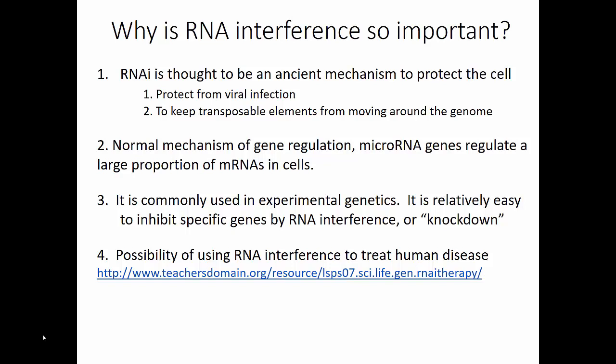And so microRNA genes regulate a lot of different messenger RNAs that are normally produced in cells. This mechanism has also been really important in experimental genetics, and it's relatively easy to inhibit messenger RNAs by RNA interference. This is often called knocking down a gene. And then finally, there has been some exploration of using RNA interference to actually treat human diseases.